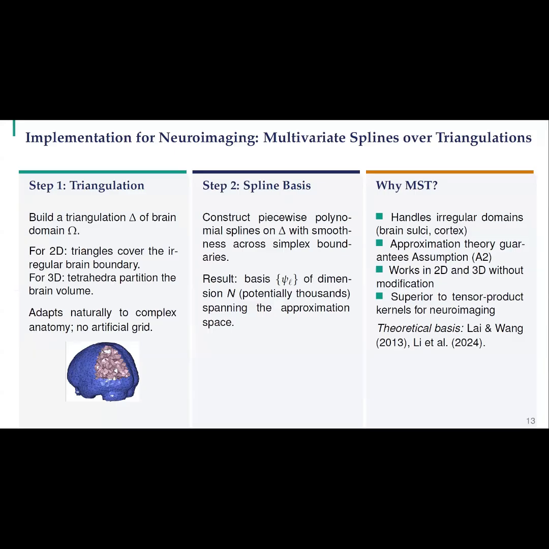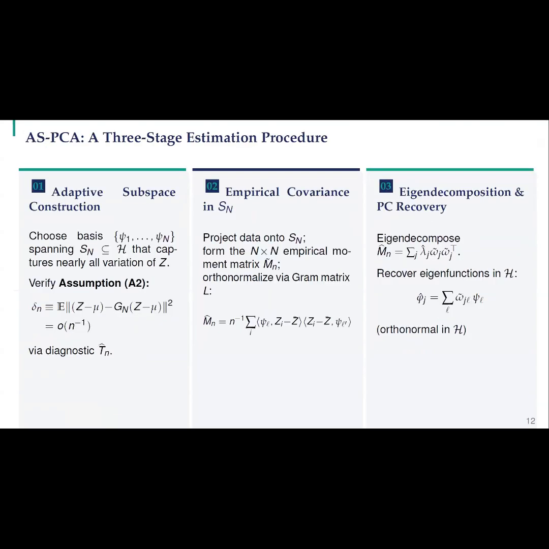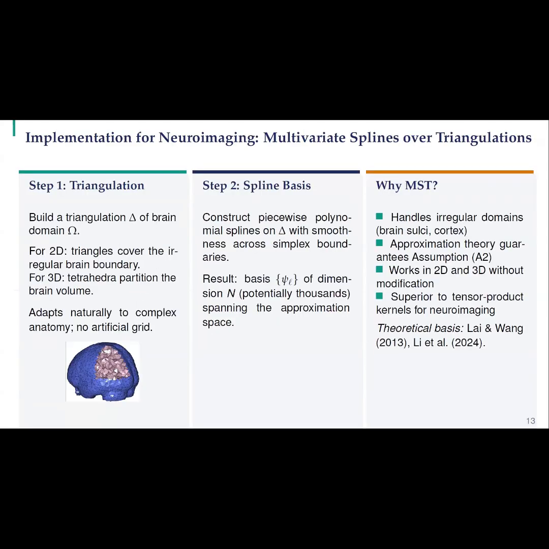And why do we do this sort of triangulation? It allows us to handle fairly irregular domains. Approximation theory guarantees assumption A2, going back here, that this will allow us to establish that this is at least reasonable, even though we can also test it, but we believe that this will let us establish that.